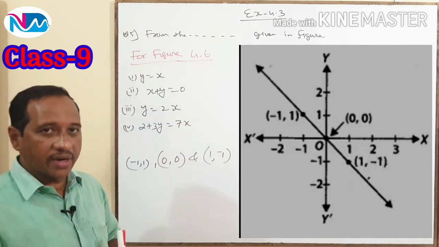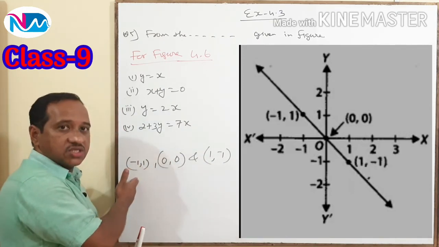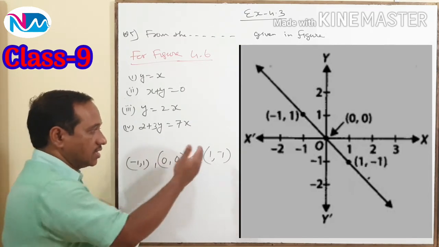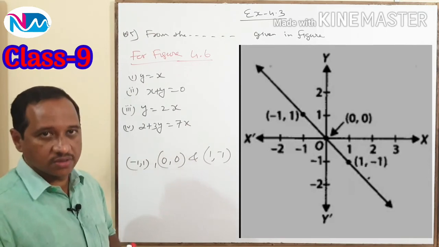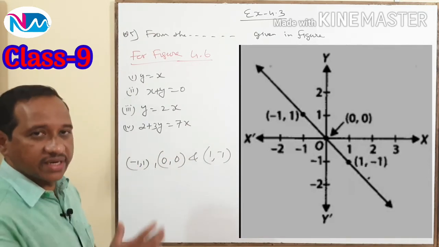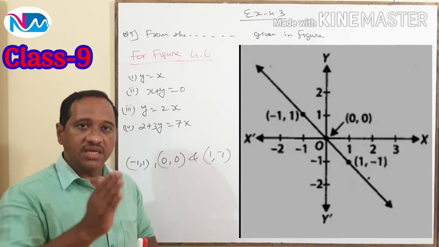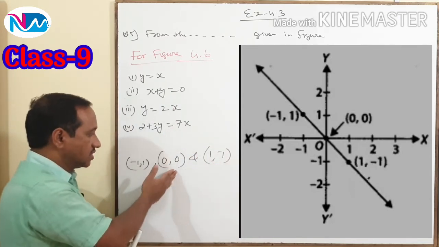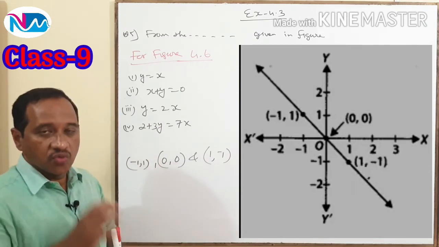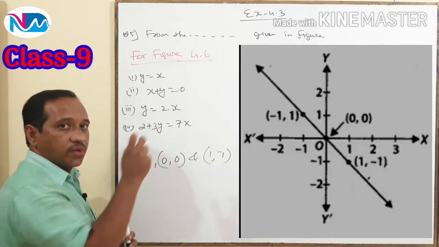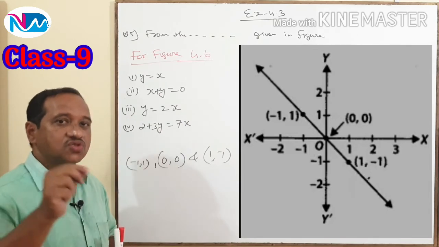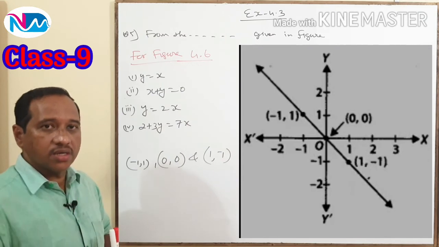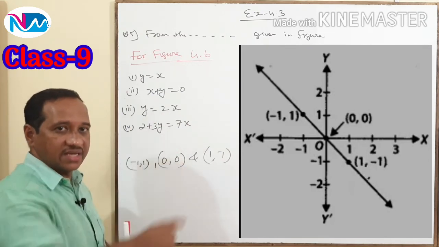The 3 different points are -1, 1, 0, 0, that is origin, and third one is 1, -1. So this straight line passes through 3 different points, 1, -1, 0, 0 and -1, 1. We have to select the equation representing this straight line from these 4 choices. Only one will be suitable for that.